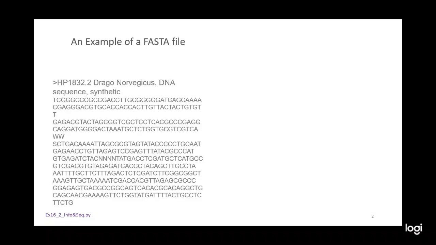We concluded the session by examining a FASTA file containing the DNA sequence of HP1832.2. A FASTA file starts with a greater than symbol followed by a descriptive header that provides information about the sequence. The sequence itself follows on subsequent lines.